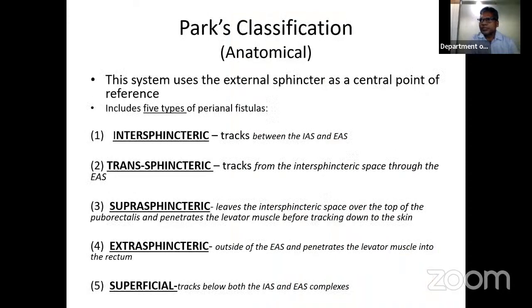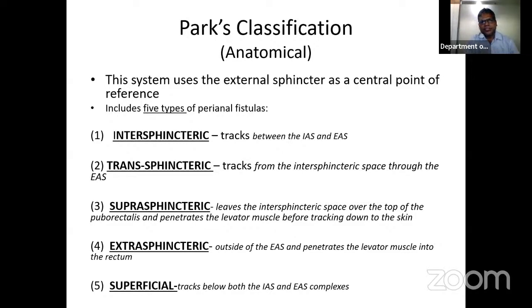Now, this anatomical classification uses the external sphincter as a central point of reference, which includes 5 types of perianal fistula, as I mentioned. Intersphincteric, which tracks between the 2 sphincters. Transsphincteric, from the intersphincteric space through the external sphincter.